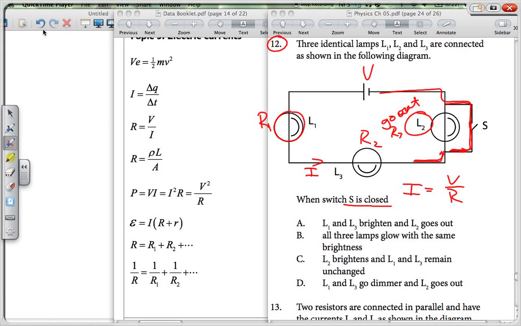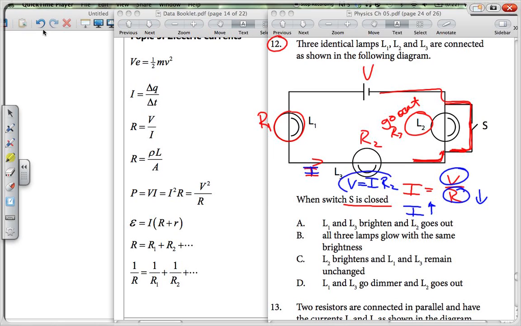Because your resistance when you have put this switch in is actually going to drop, your potential difference is still remaining the same. So your current will go up. Your current is going to increase. So you're going to get a larger current. The current will actually become bigger, and therefore the V across each of these, which is I times R, I times R2, I times R1, these are both the same, the R1.